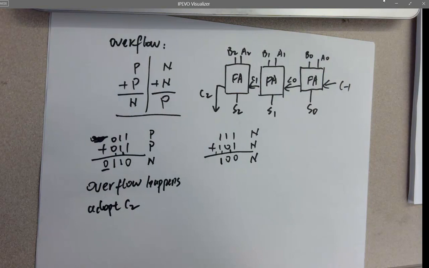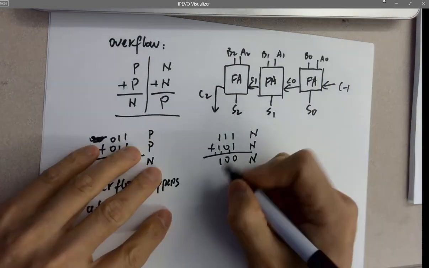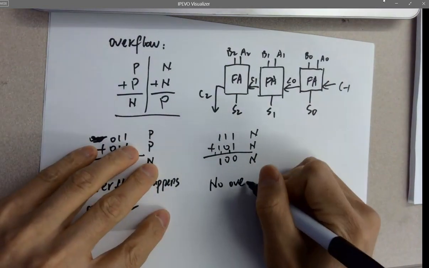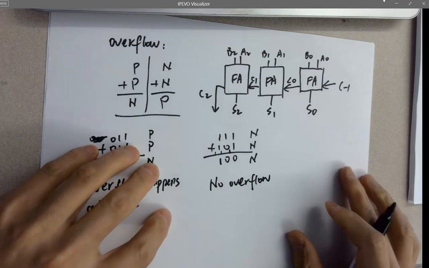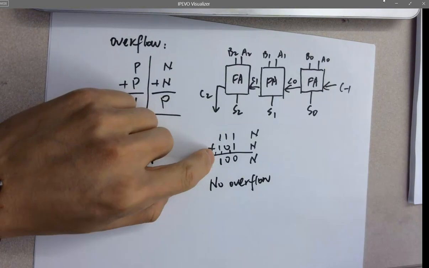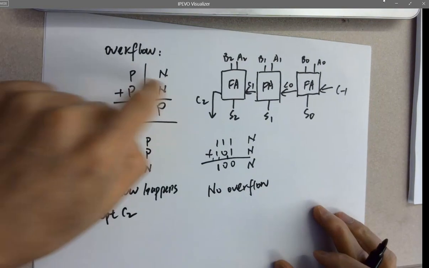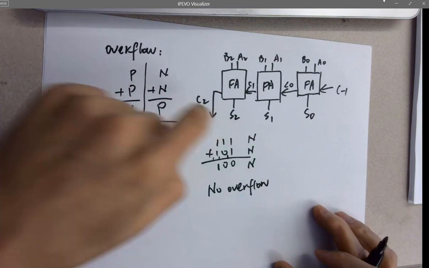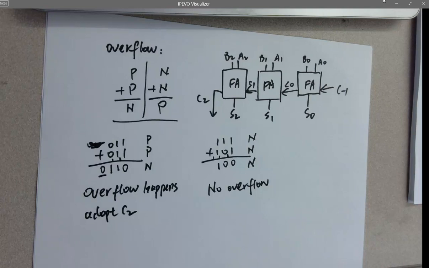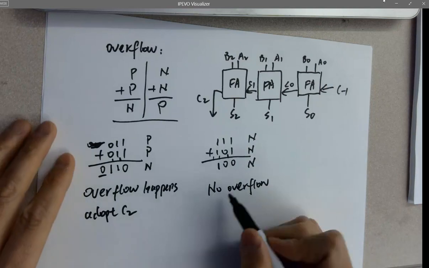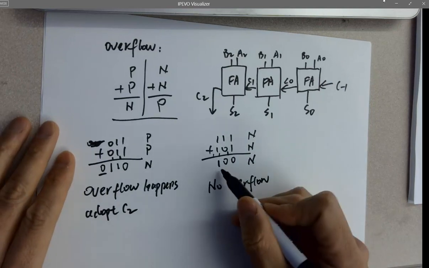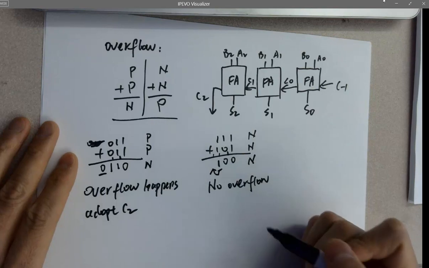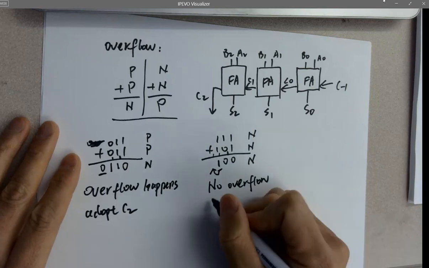Keep in mind, no overflow, even though we have a carry out, because it's not falling into one of these two categories. And the strategy here is to reuse S2 as your MSB.